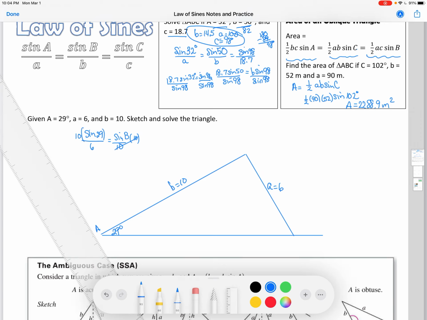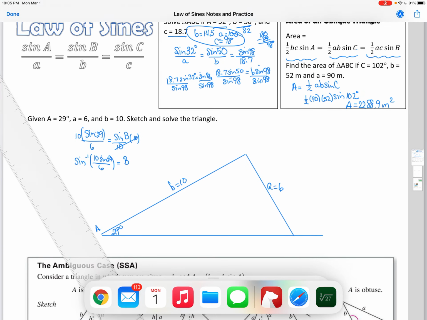And so we'll have 10 times the sine of 29 divided by 6 is equal to the sine of angle B. To get the angle B by itself, we're going to take the inverse sine of 10 times the sine of 29 divided by 6. That will give us plain old angle B.